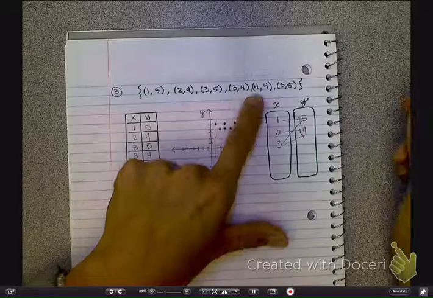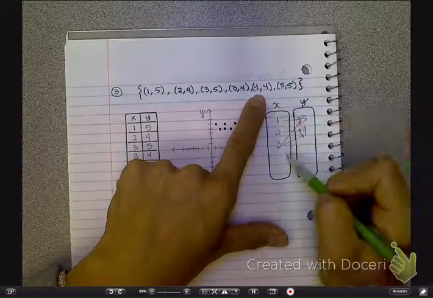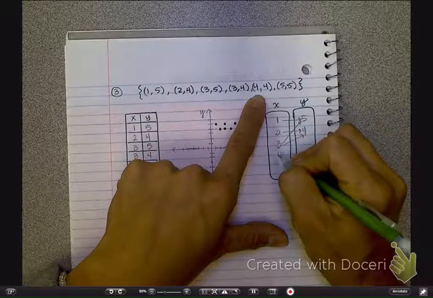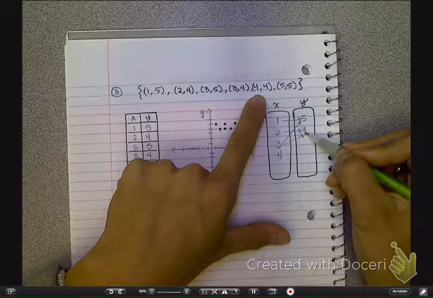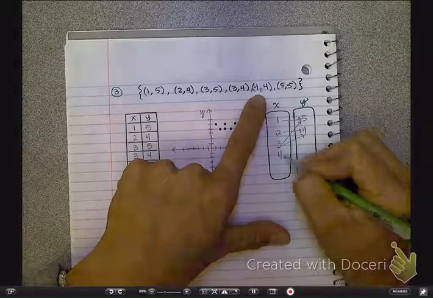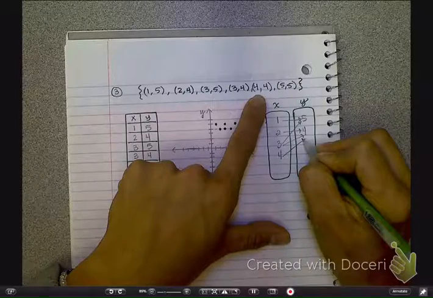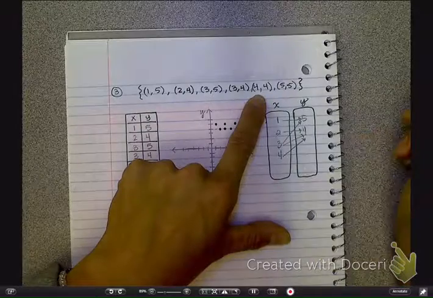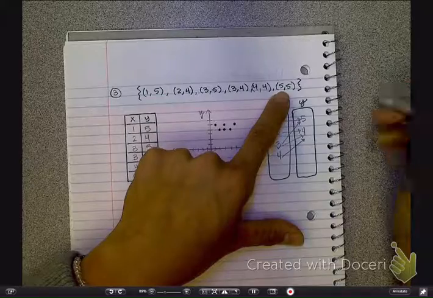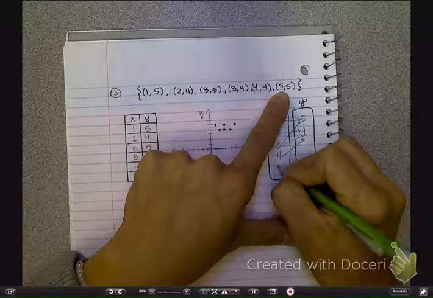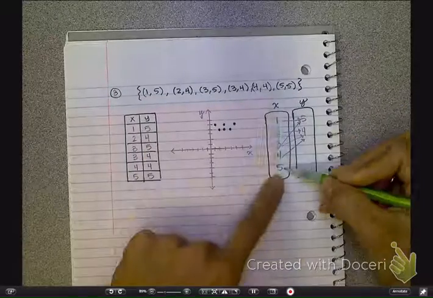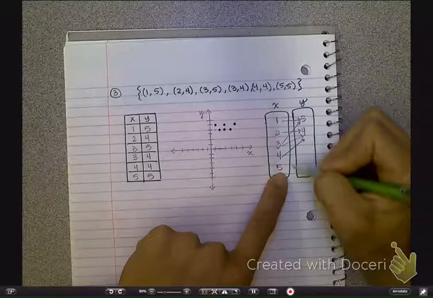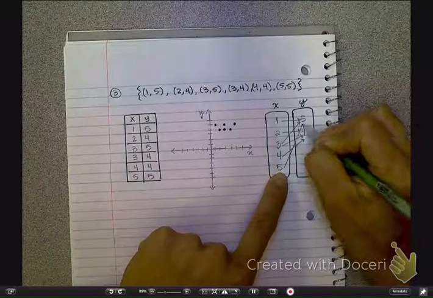Okay, and 4 and 4, so I don't have a 4 over here for my X yet, so I'm going to write that down. But I do have a 4 over here for my Y, so I'm going to go ahead and connect those two. Okay, and last 5 and 5. So I don't have a 5 for my X. I do have one for my Y, so I'm going to go all the way up here and connect these.